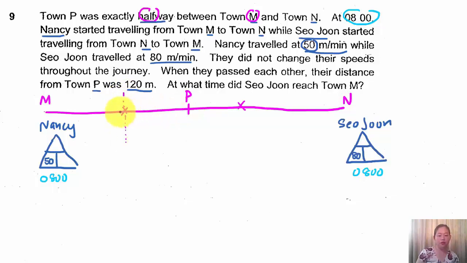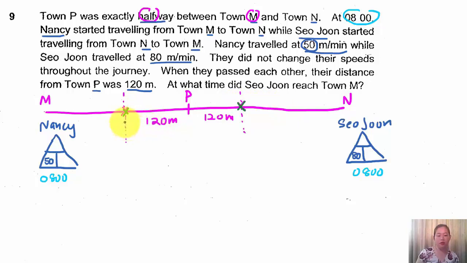And the distance from here to here is 120 meters. Likewise, the distance from here to here is also 120 meters. If both of them traveled at the same speed, then Nancy would be here and Seo Jun would be here.